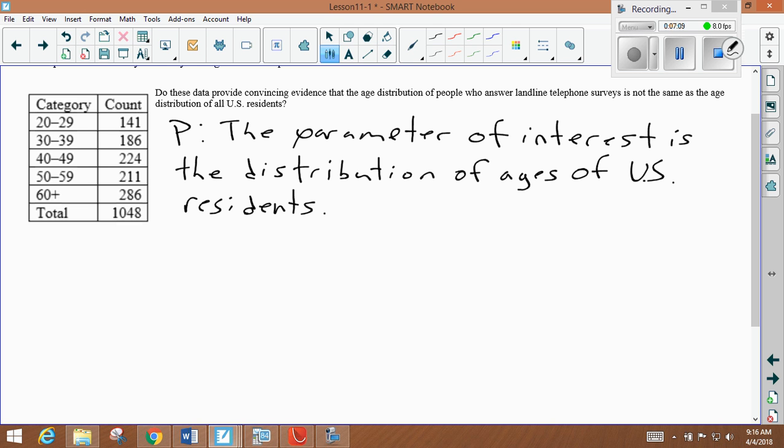All right, so let's get our H on. Let's go ahead and construct our hypotheses.